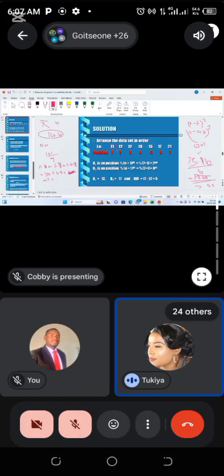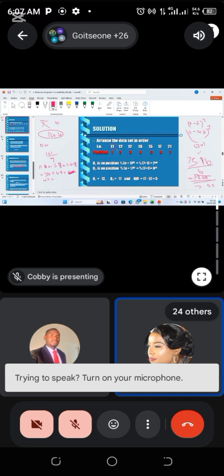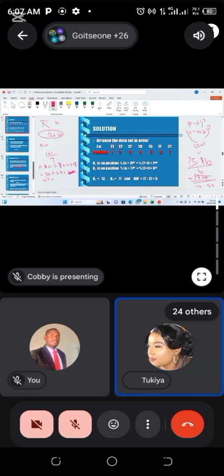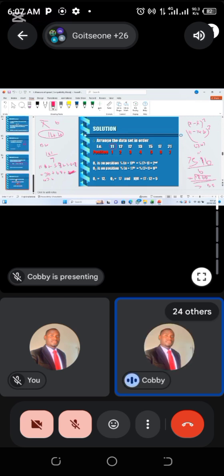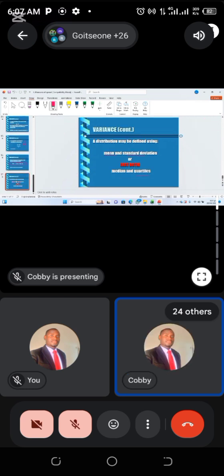People are answering with a very low voice. Hello? Kindly go back to the formula. I want to put the formula for the standard deviation. Okay, so this is the formula for the standard deviation.